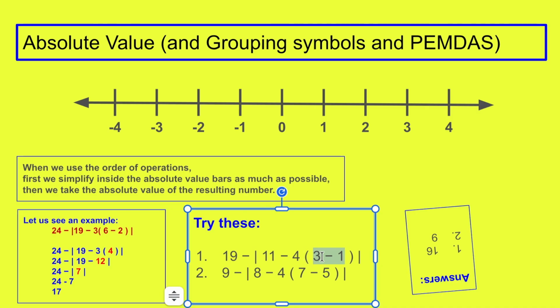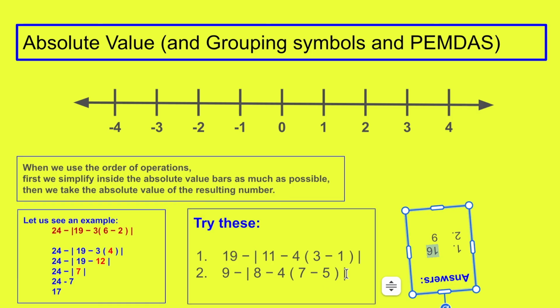So 3 minus 1 is 2, and 4 times 2 is 8. Now there is an 11 here, and then there is an 8 here. So absolute value of 11 minus 8 becomes absolute value of 3. And 19 minus 3 becomes 16. That's what I have given here, but do not see the answer.